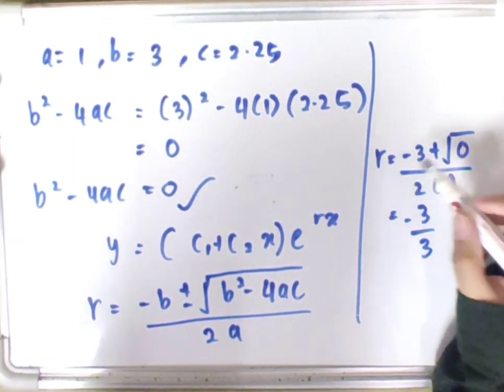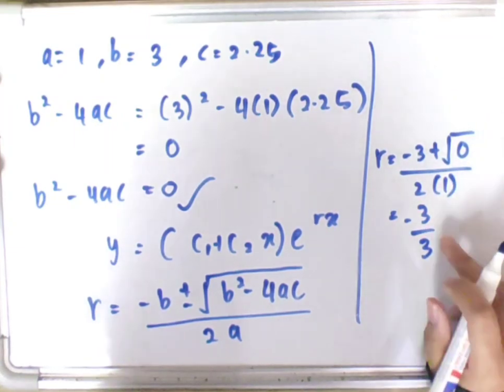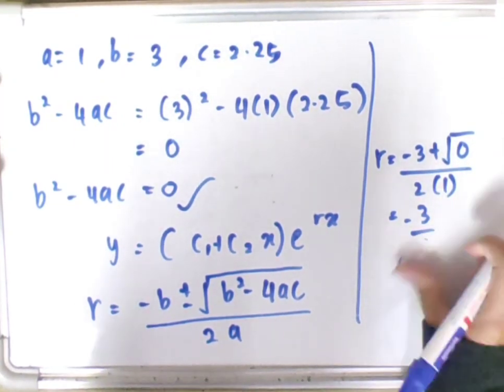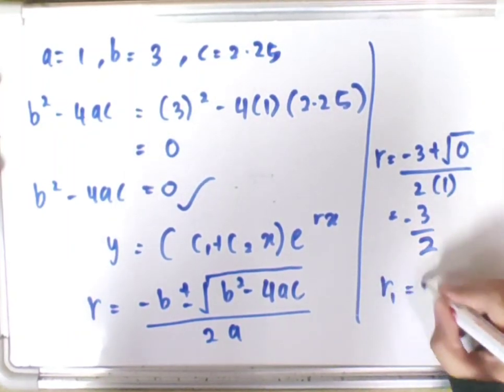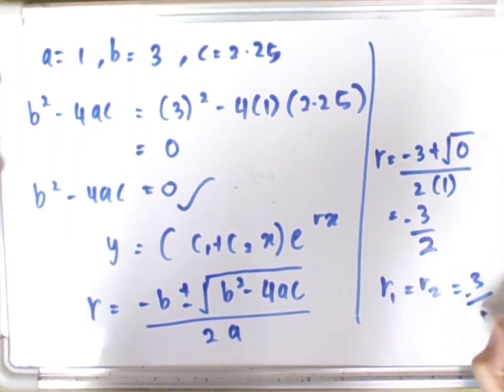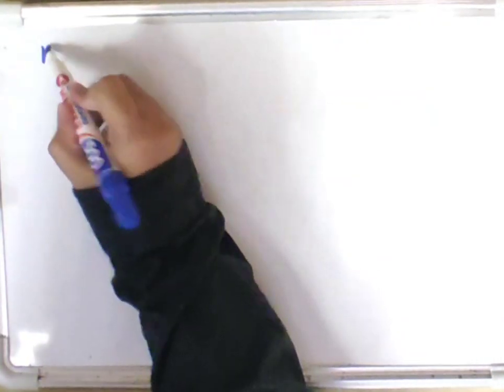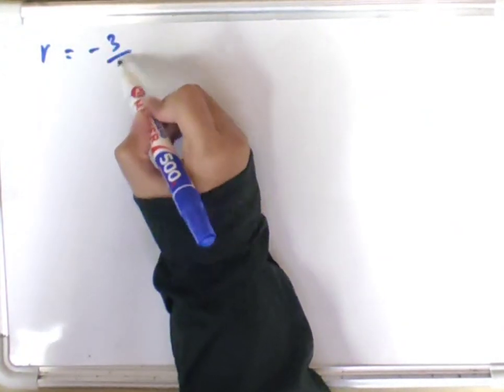So r1 and r2 are the same, and r equals negative 3 over 2.